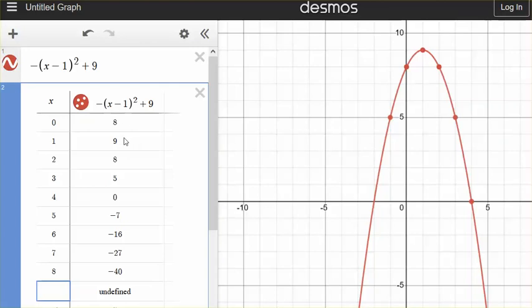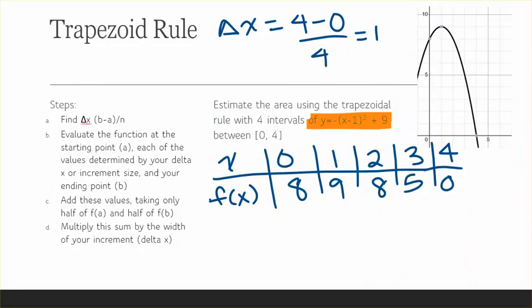Okay, so then I would stick the values in for x equals 1, 2, 3, and 4. So I transferred over my values from the table. Again, we could get those f of x values by just evaluating the function.